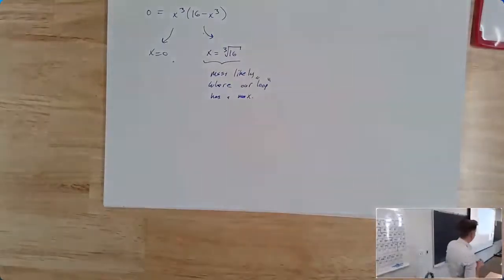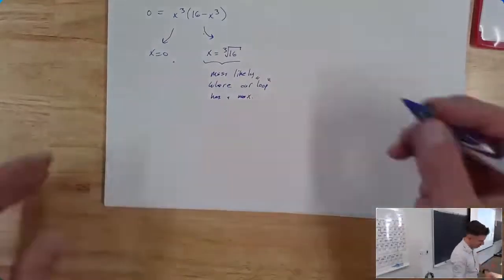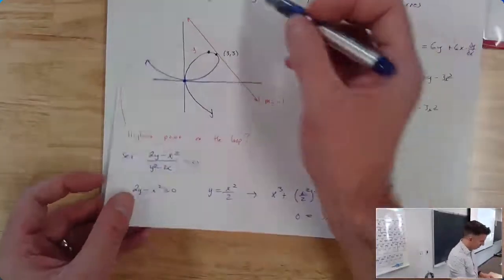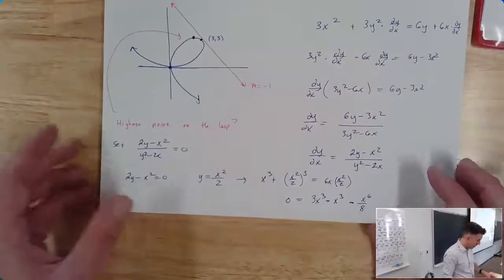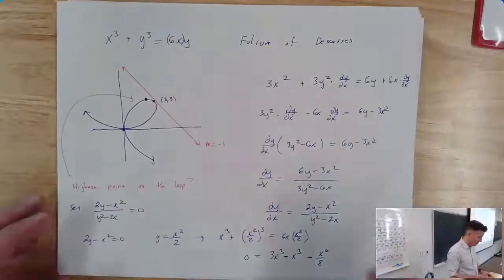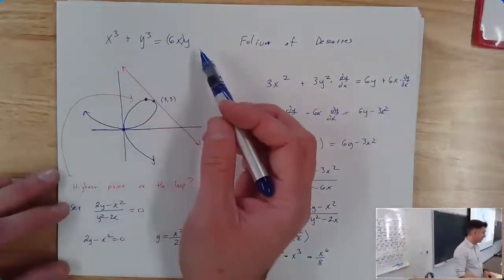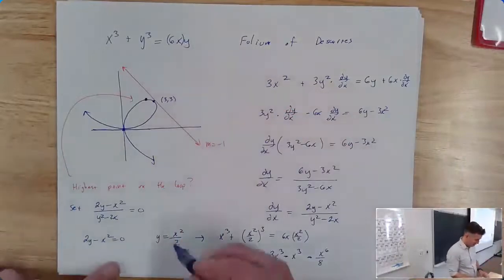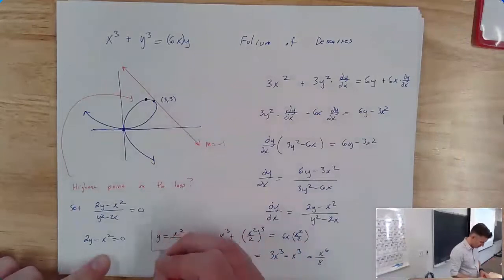I guess since I asked for the point, I should also find the y coordinate. Right? If I was really asking for the point, I'd be like, okay, well, x is the cube root of 16. Now, to find the y coordinate, I don't want to try plugging back into this equation and solving for y. I don't have to, because I know that y is equal to x squared over 2.